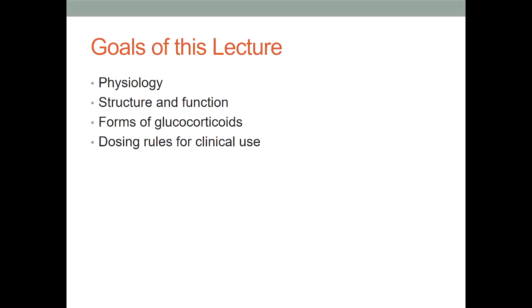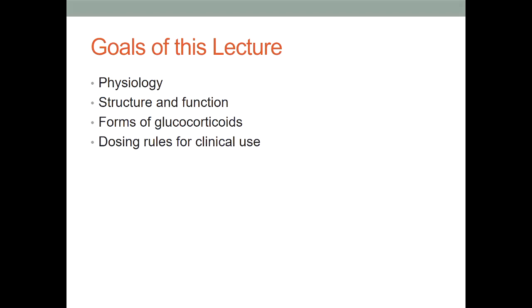But as always, the foundation of good medicine is a good understanding of physiology. So I'll just do a little brief physiology on the areas that we're talking about. This is the adrenal glands. We already talked about it last week, but I know between now and then you've had a ton of different things in your head, so we'll review the physiology a little bit. And we're going to talk a little bit about structure and function because this is a pharmacology class.